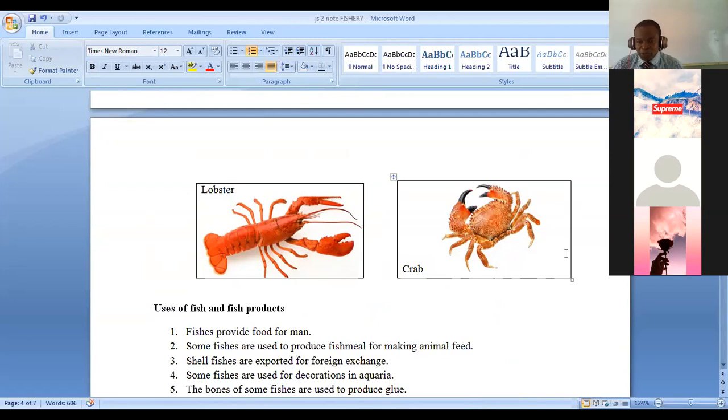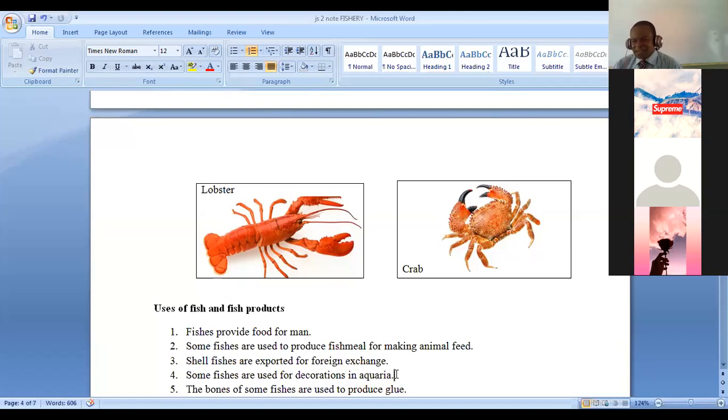Now, the next point is some fishes are used for decorations in aquaria. Now, in some of your houses, you have an aquarium, okay? That is inside the sitting room. There is a glass holding some water where you have some rare fishes, some of them brightly colored, like golden color and all that. That is called an aquarium.